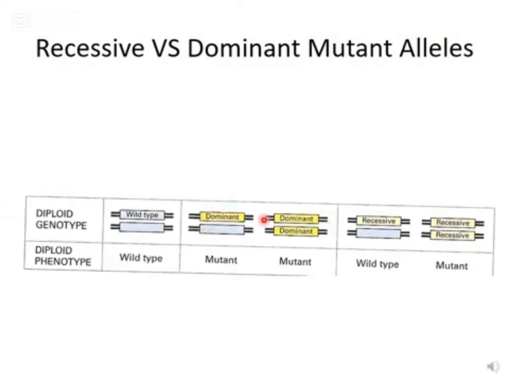If we have two dominant mutations, that is going to represent itself phenotypically with a mutant phenotype. If we have a mutation that is recessive, then the wild type is going to be dominant, causing the wild type to show up as the phenotype. So you would need two recessive mutations for the mutation to manifest itself in the phenotype.